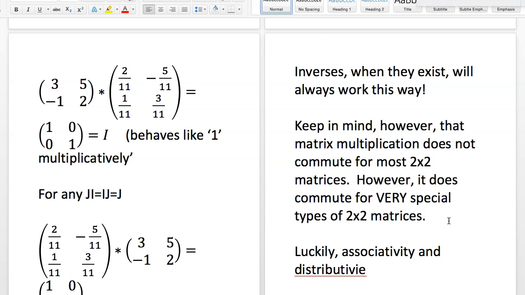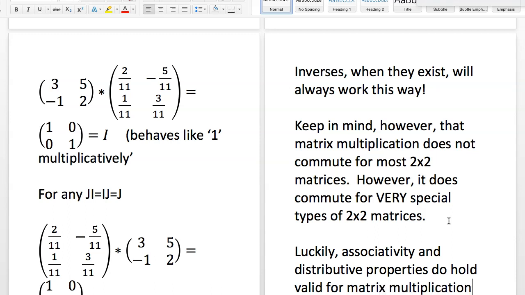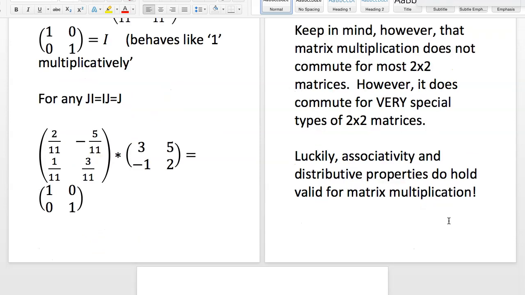Associativity and distributive properties do hold valid, so distributivity holds true, associativity holds true for matrix multiplication. So we get very lucky there, guys. We are all day lucky, okay?